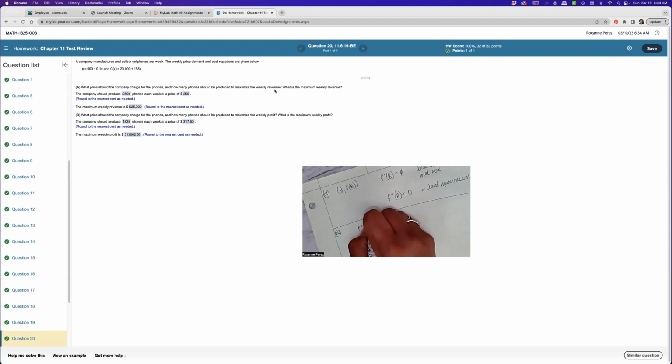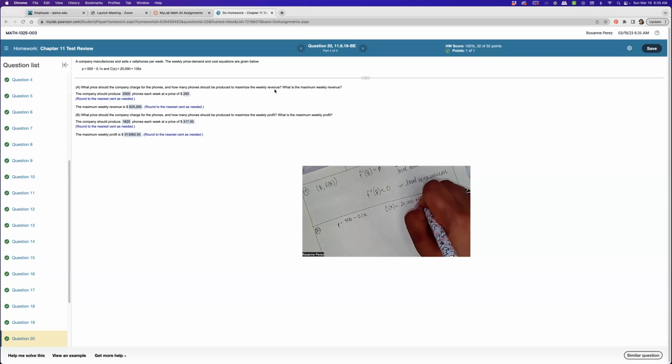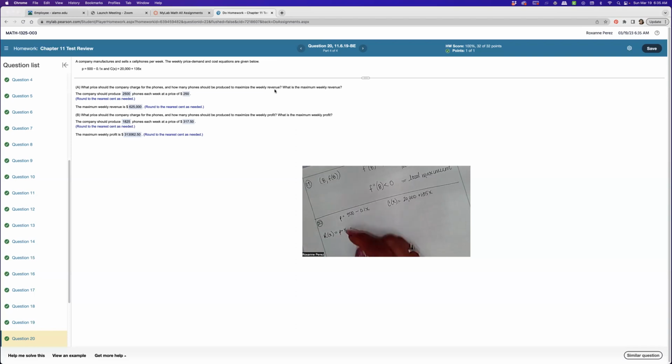which is 500 minus 0.1x, and cost 20,000 plus 135x. So now we need our revenue function, which again we know is P times x. So P times x is going to give us 500x minus 0.1x squared. We want the maximum weekly revenue.